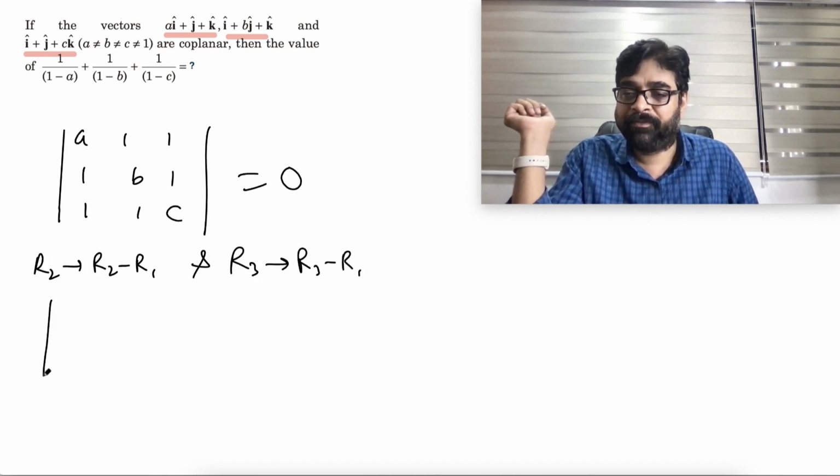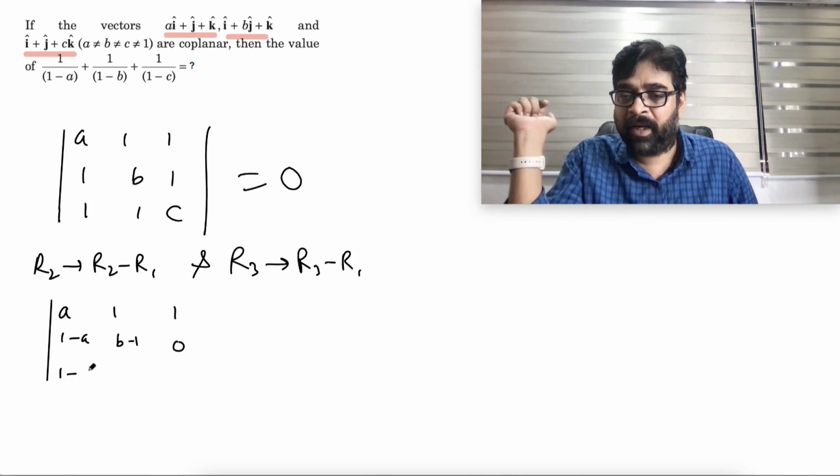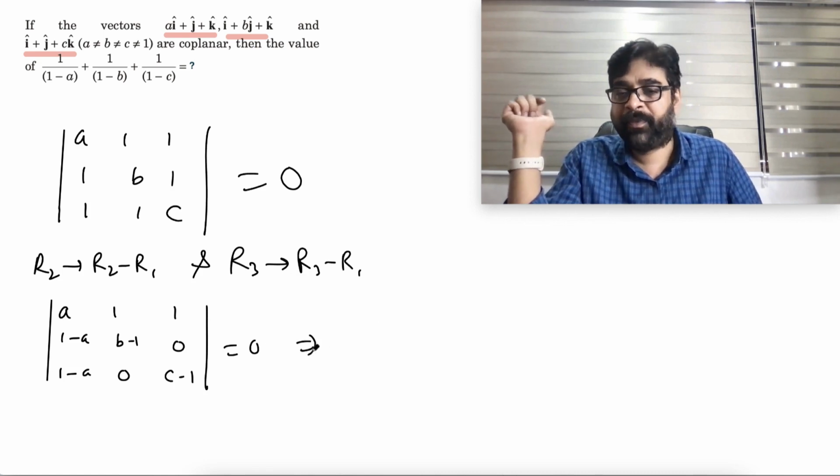So what will come? A, 1, 1; 1 minus A, B minus 1, 0; 1 minus A, 0, C minus 1 equal to 0.